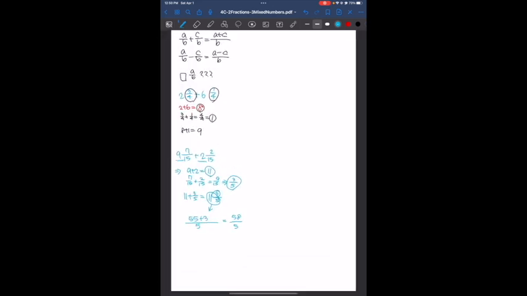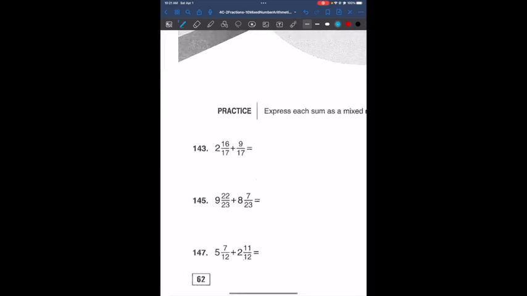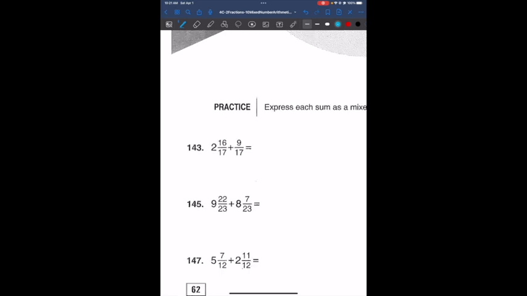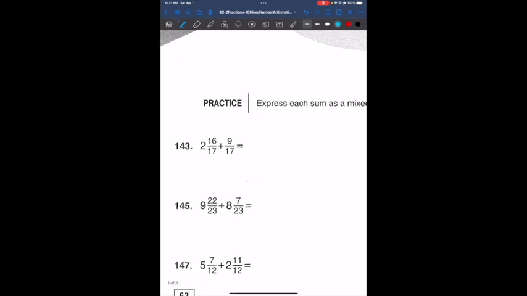And now let's look at some more problems that involve addition and subtraction of mixed numbers and fractions. So for problem 143, we have 2 and 16 over 17 plus 9 over 17. The first way is just doing it similar to how we did last time for mixed number addition.